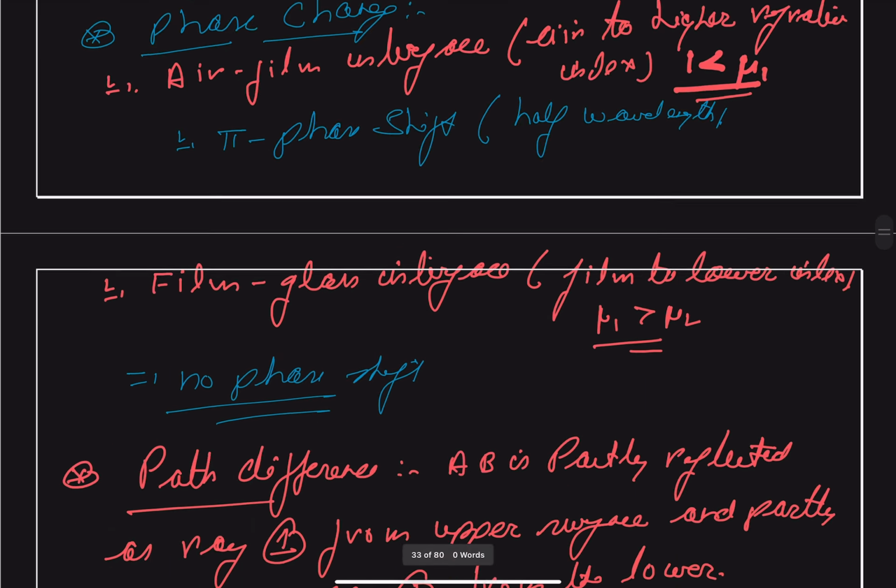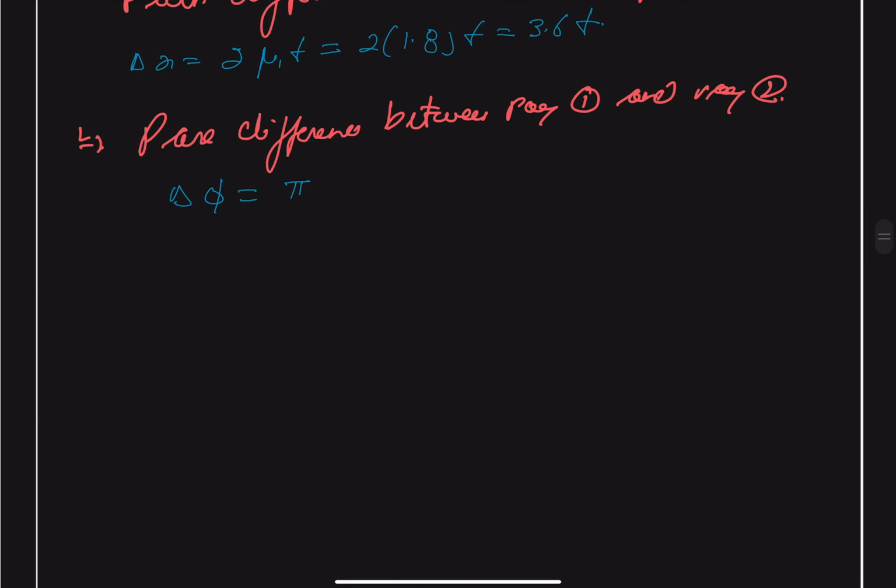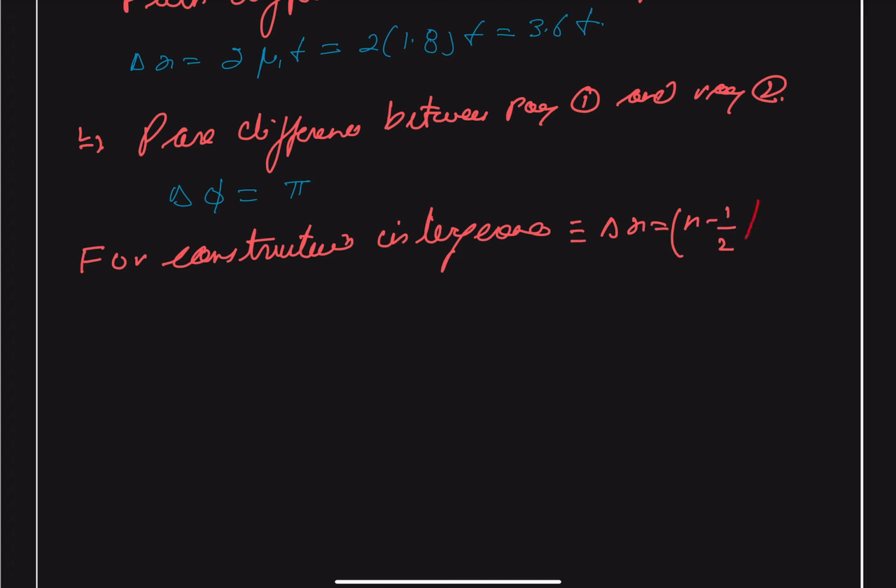So for constructive interference, our delta x should be equal to (n minus 1/2) times lambda, where n is 1, 2, 3 and so on.